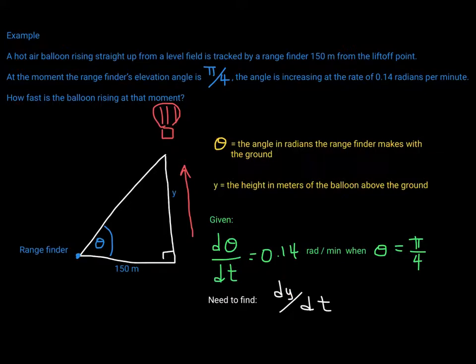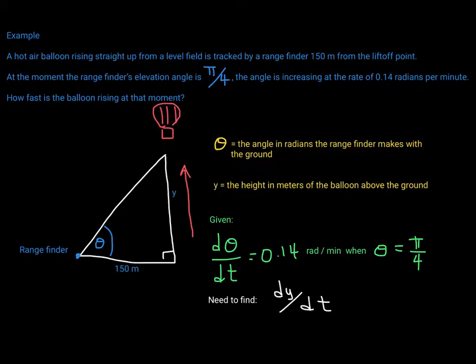Okay, so we need a formula that will relate this side y, this angle theta, and this side here. Well, notice that this side y is opposite our angle theta. Notice that this side here is adjacent to our angle theta. So let's use the tangent function.